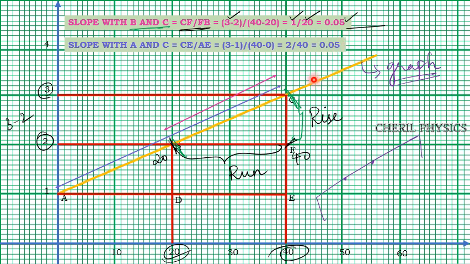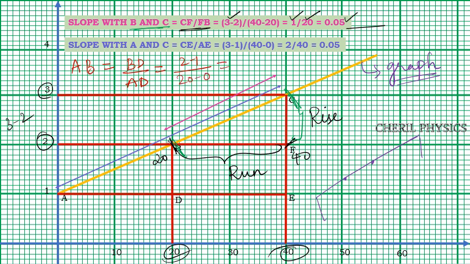It's the same value. Now let me do here for AB also. For AB means what you will get? You will get the rise by run to be BD by AD. So what is your BD? BD is 2 minus 1 divided by your AD, which is 20 minus 0.